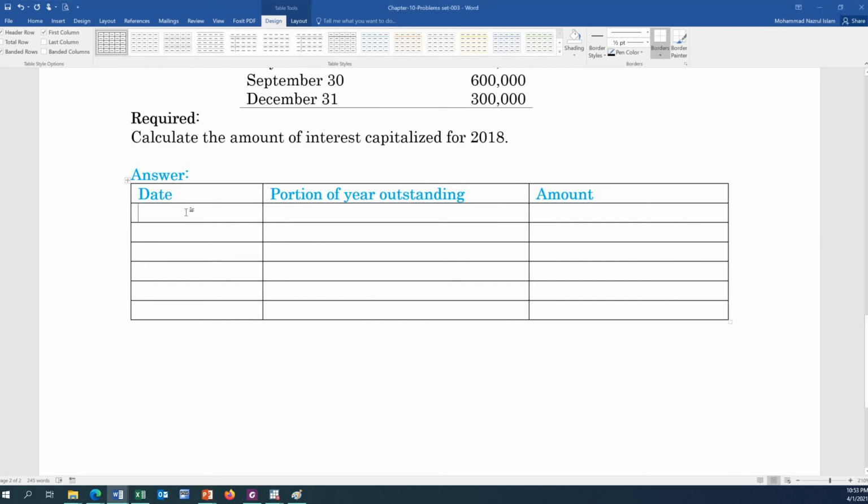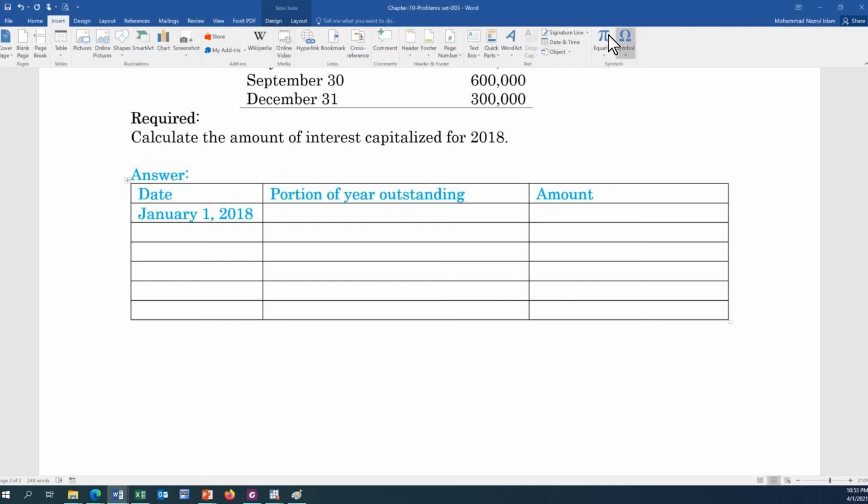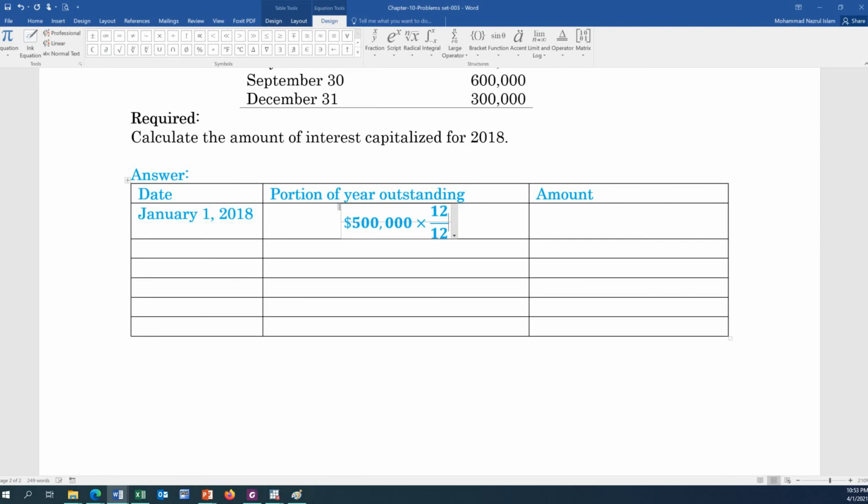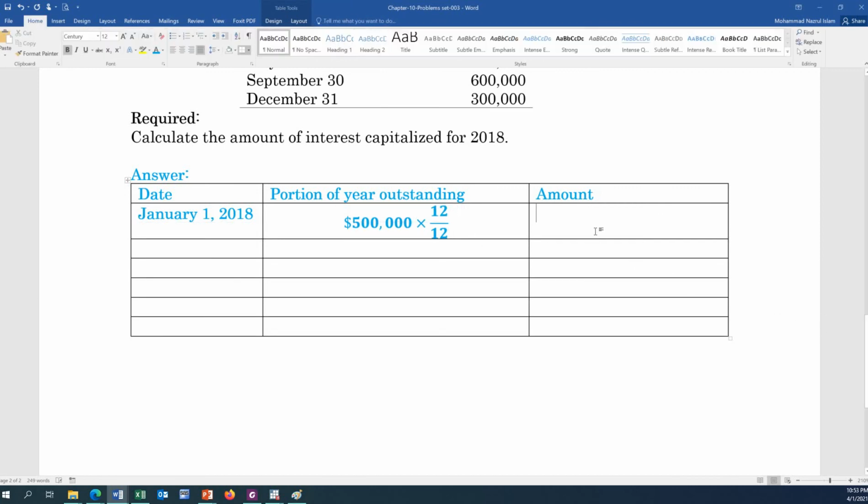So the date started January 1, 2018, and the amount was 500,000. It started on January 1st, so 12 over 12, so this should be equal to 500,000.